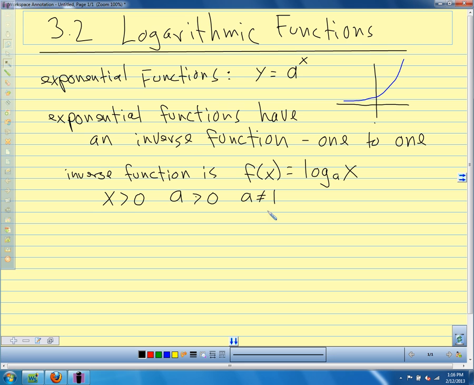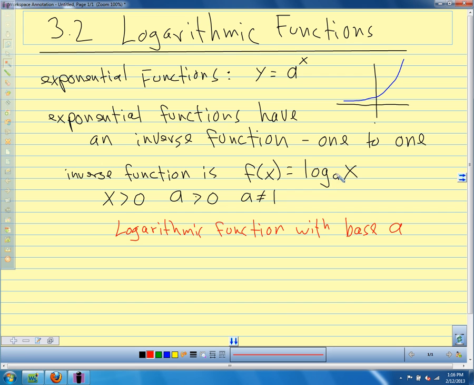We call this the logarithmic function with base a. So the number down here is our base for our logarithmic function, just like the number here is the base for our exponential function.